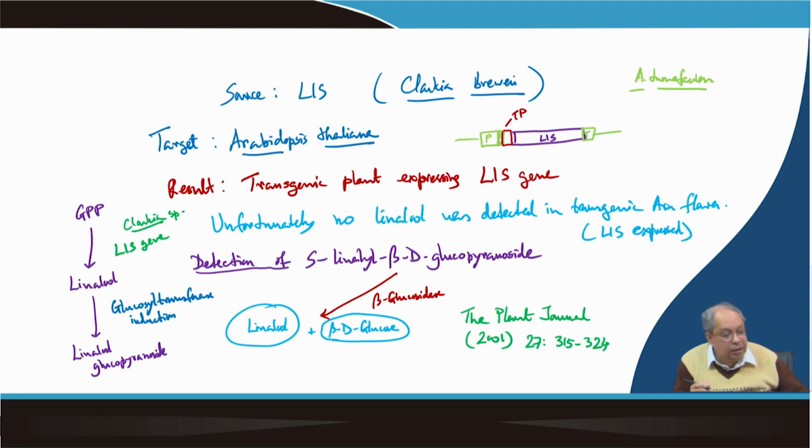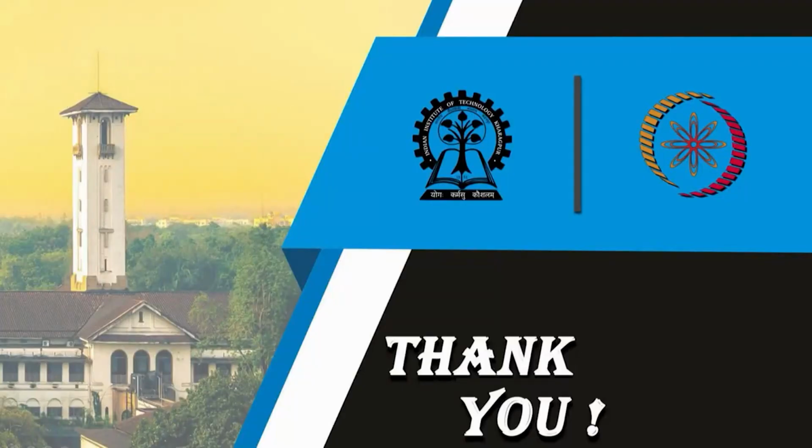So, there is the challenge: how can you really make plants produce free linalool, so that it does not get converted into a glucoside? That is the difficulty with the plant system. With this, I end this class. Thank you.